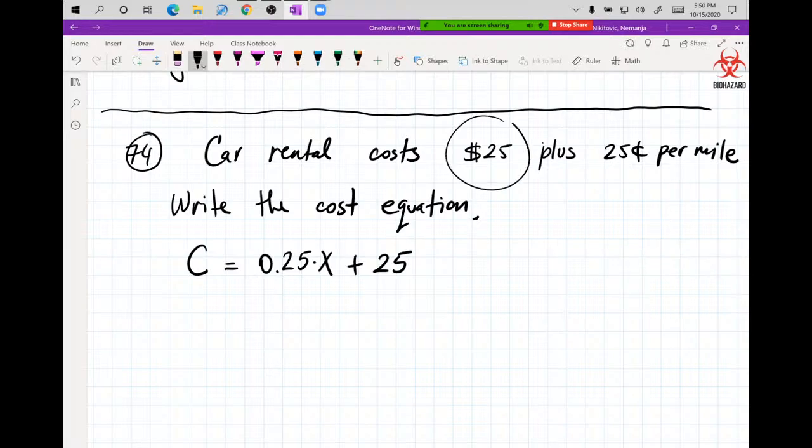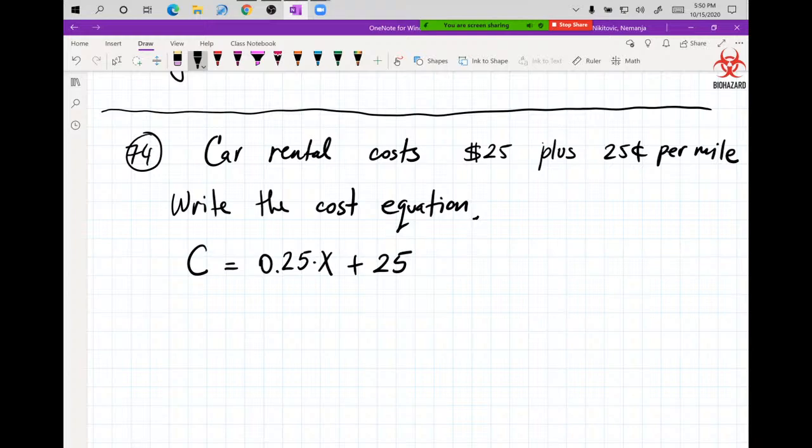So here's a 25 plus 25 cents per mile, meaning 25 cents for every mile. So you multiply the number of miles times the price per mile to come up with a cost that it's the mileage cost. So we have this equation, and I'm just going to say that this C, you can look at it as Y.